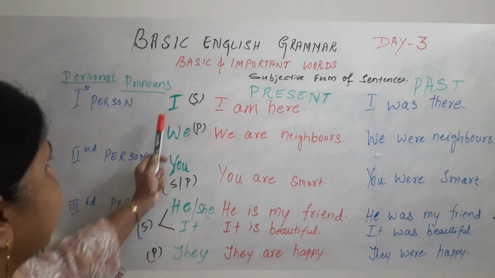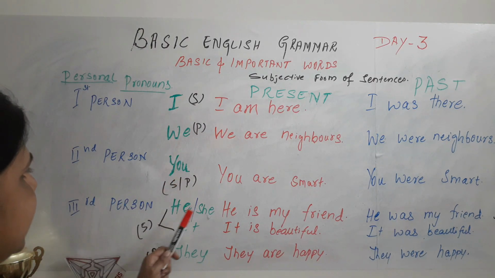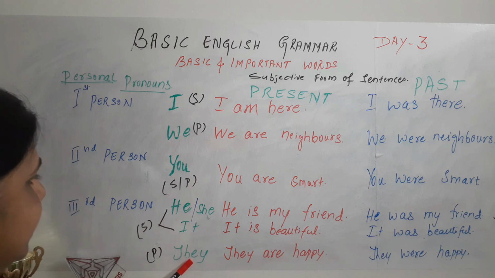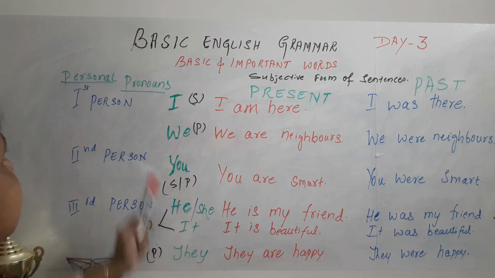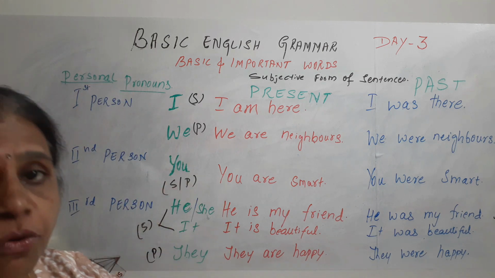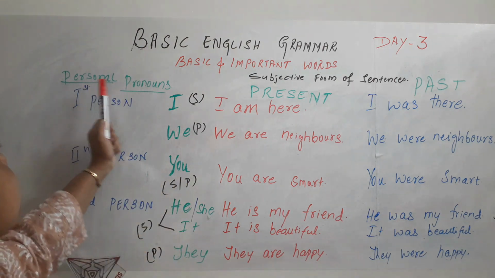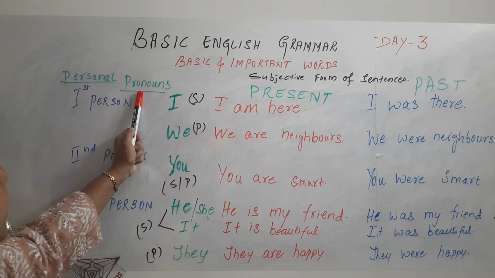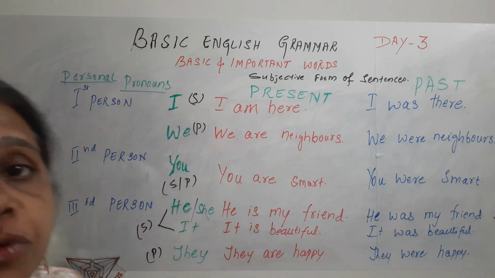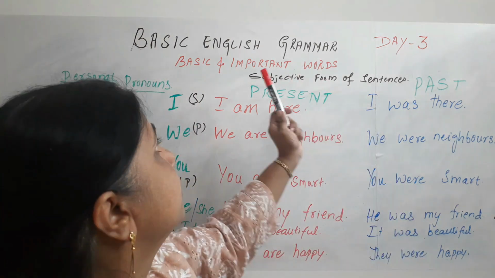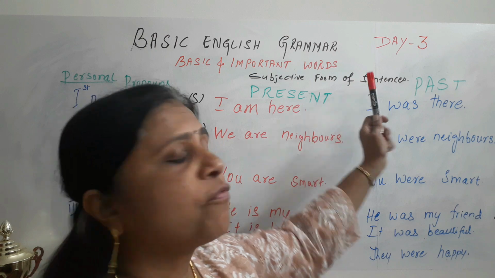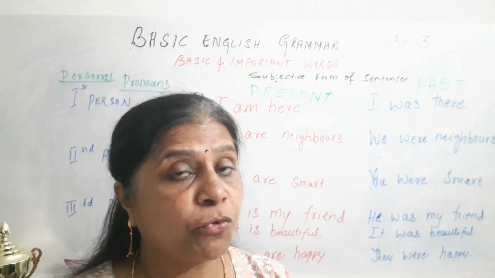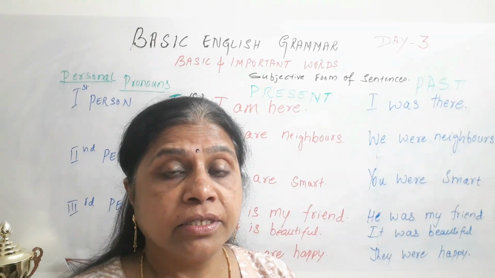Dear friends, I, we, you, he, she, it, and they. These are basically called personal pronouns, and today we are going to see the subjective form of the sentences. What is subjective form?